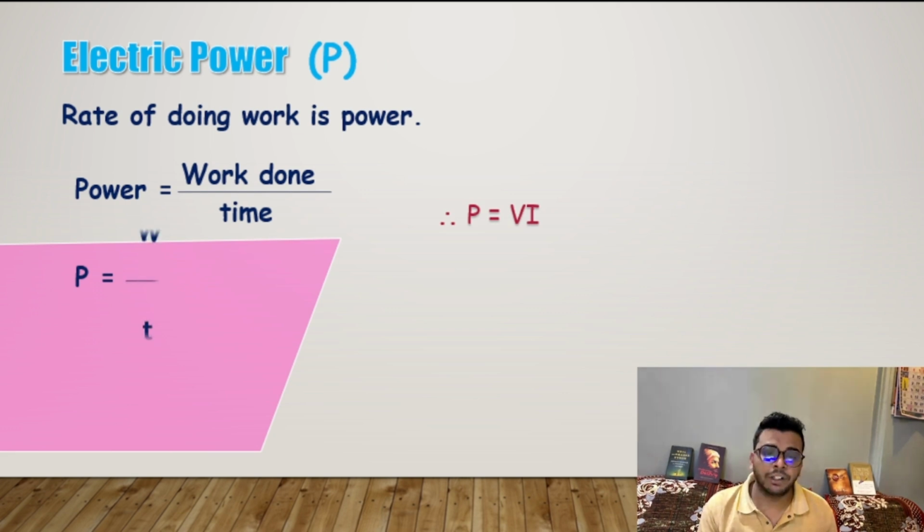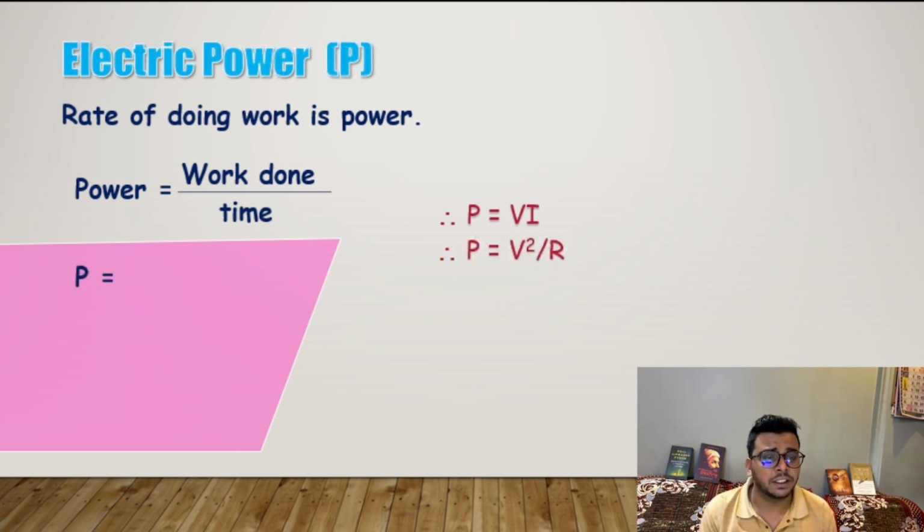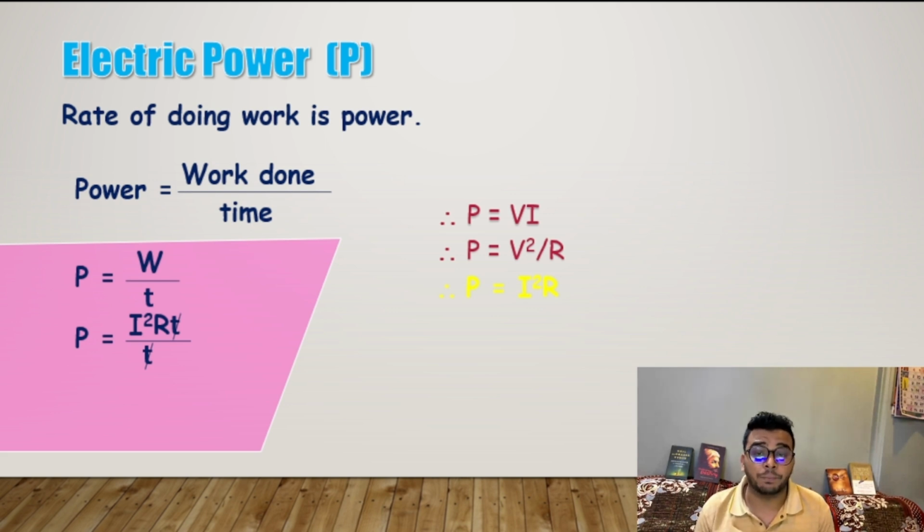Secondly, we can also use one more formula where we can substitute W as V square into T upon R. Now over here V square into T upon R is nothing but W. Now we can see that T T will get cancelled and we get the formula for power as V square upon R. Next, P is equal to W upon T again and I square RT upon T. So T T gets cancelled and the next formula which we get is P is I square R. So these are the three formulas with which you can find out power.